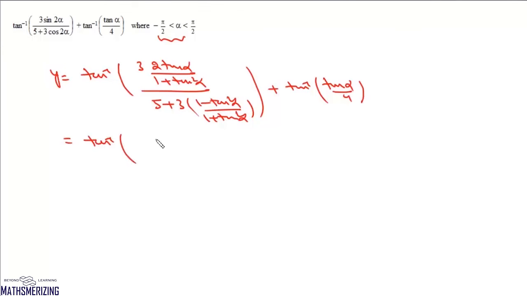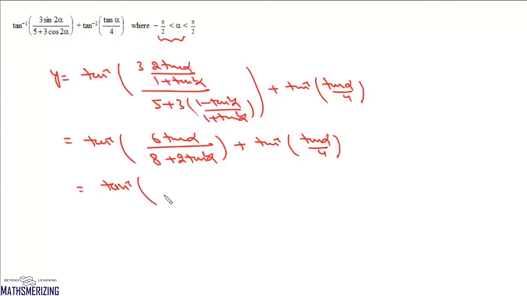Now we'll simplify this. We can write this as tan inverse of 6 tan alpha upon 8 plus 2 tan square alpha plus tan inverse tan alpha by 4. Now here we'll cancel 2 in the numerator and denominator, and we can write this as tan inverse of 3 tan alpha upon 4 plus tan square alpha and plus tan inverse tan alpha by 4.